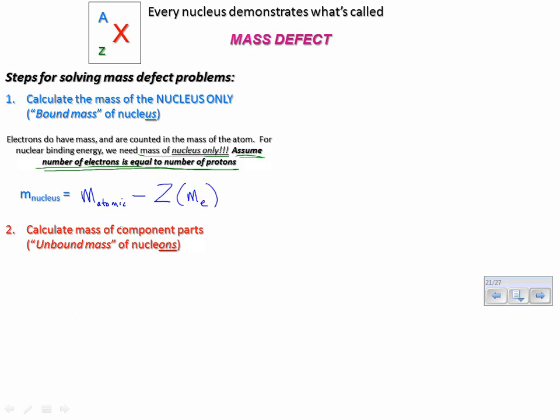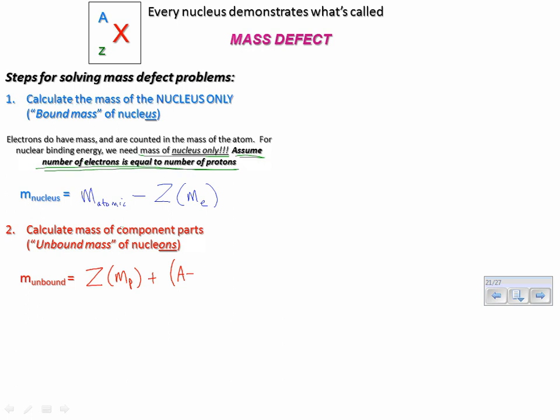Now we want to find the mass of the unbound nucleons, as opposed to the nucleus. The unbound mass is the mass of all the parts by themselves. So that's however many protons you have times the mass of a proton, plus however many neutrons you have times the mass of a neutron. How many neutrons do you have?